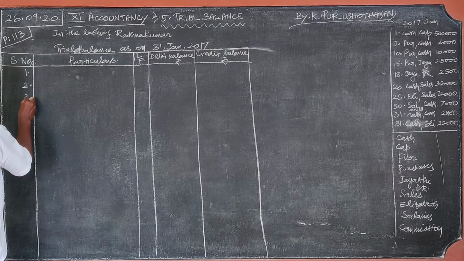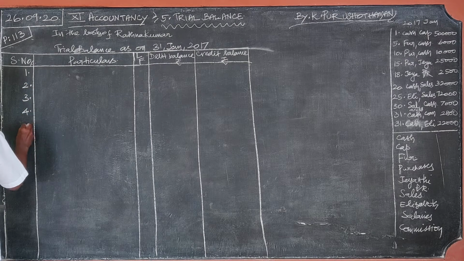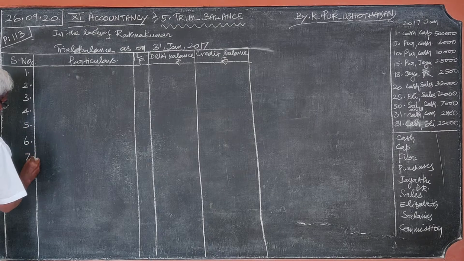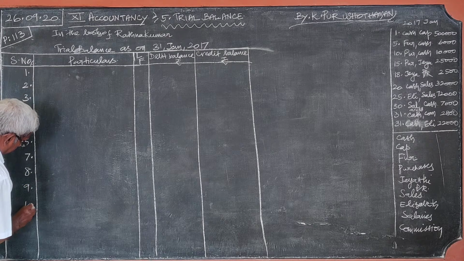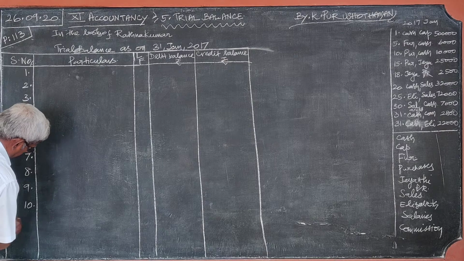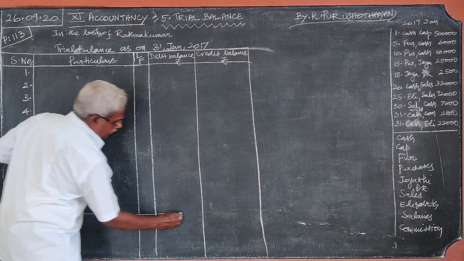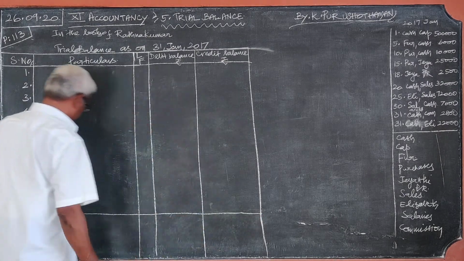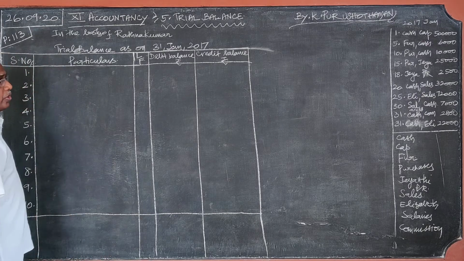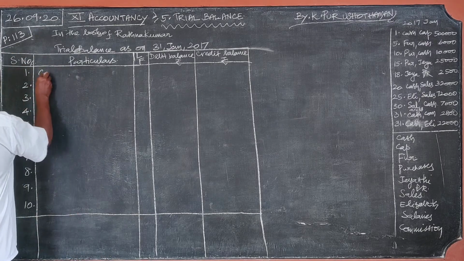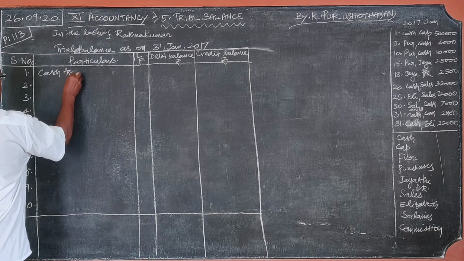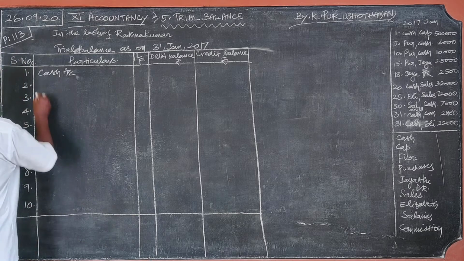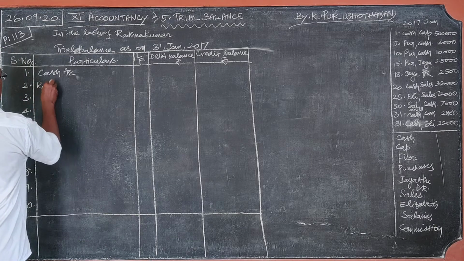How I am preparing, listen carefully. 4, 5, 6, 7, 8, 9, and 10. 10 serial numbers. And what are the 10 accounts? Write them. 1, cash account. Second ledger, Ratnakumar's capital account.